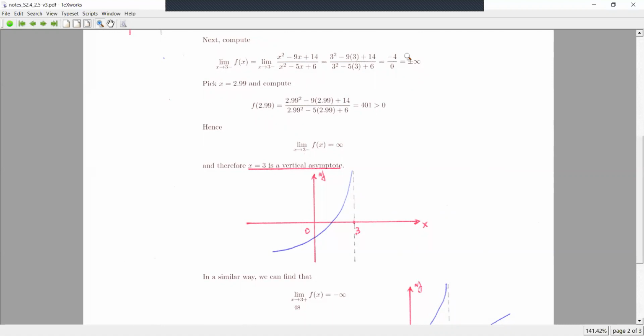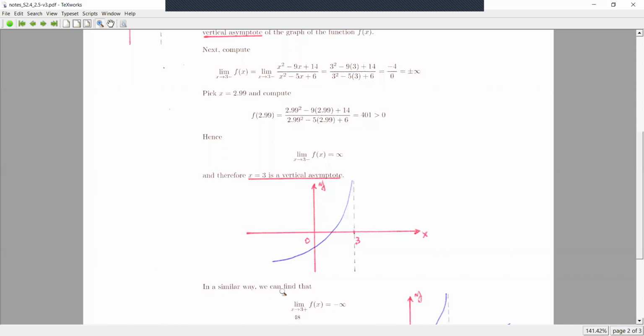Therefore, this infinity is a positive infinity. So when x approaches 3 from the left side, the function approaches infinity. So to the left of the point 3, the graph goes up to positive infinity. Therefore, this vertical line is a vertical asymptote.